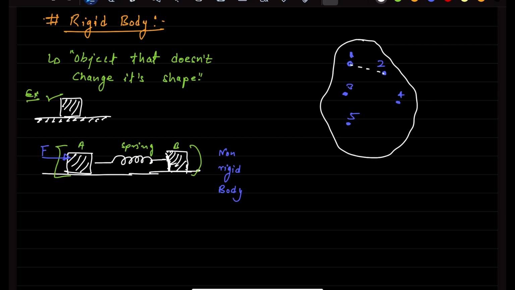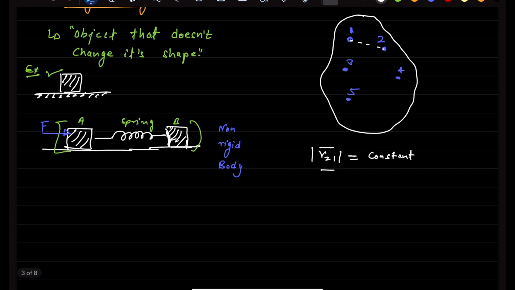Okay, now let's take one example and try to understand what the implication in physics will be if something is rigid. I am taking an example of any kind of shape, and there are different points on this: point 1, 2, 3, 4, 5, and so on.